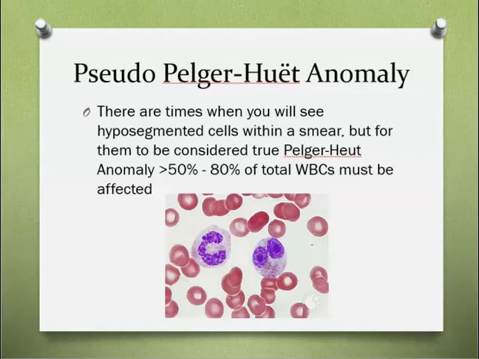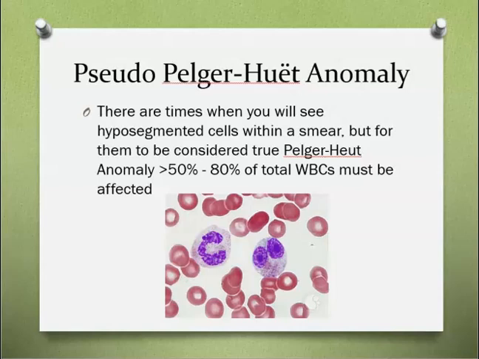Now we need to discuss something called a pseudo-Pelger-Hewitt anomaly. This is when you have hyposegmented cells within a smear, but they're not true Pelger-Hewitt cells. In order for it to be considered true Pelger-Hewitt anomaly in a patient, at least 50 to 80% of the total white blood cells or neutrophils seen have to be affected.